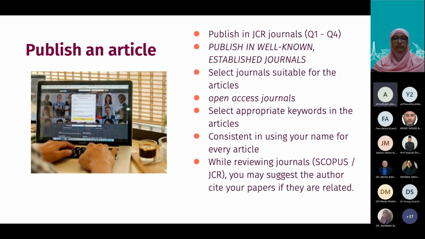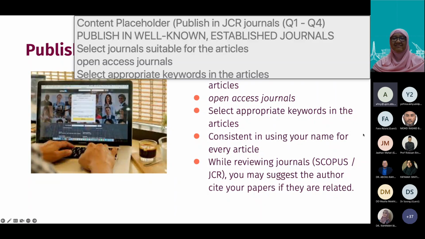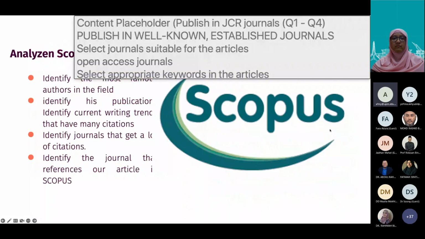You don't ask the author to publish your name, but you can suggest. Towards the end, the author will know you are the reviewer. So these are some of the ideas. Some of you may not agree, but these are the things.